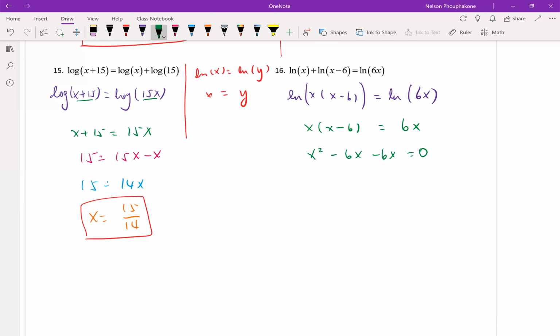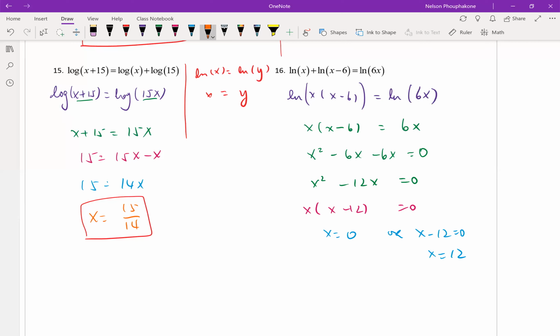Right, equal to 0. Then now I have x squared minus 12x equal to 0. And of course, I could factor the x. So I have x is equal to 0 or x minus 12 equal to 0, where x is equal to 12.